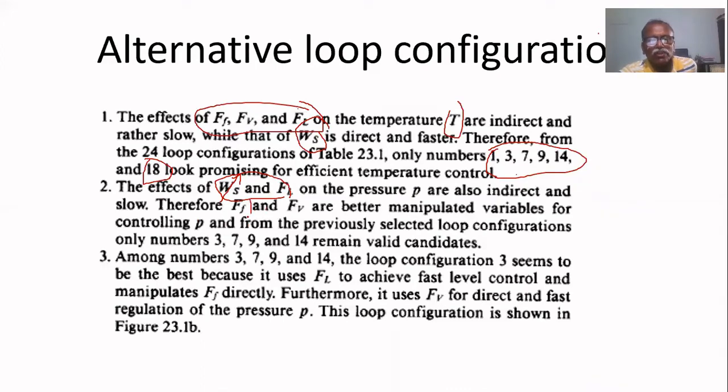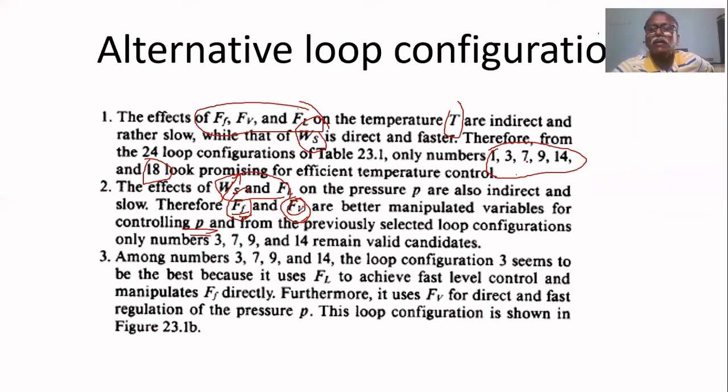But feed flow rate and vapor flow rate are better manipulated variables for controlling P, because if you decrease vapor flow rate, pressure will increase. If you increase vapor flow rate, pressure will decrease. Similarly, if you increase the feed, pressure will increase, and if you decrease the feed, pressure will decrease. So any one of these two can be used.